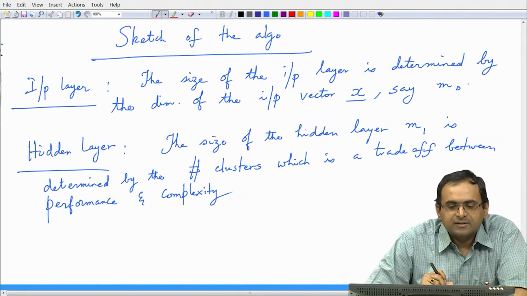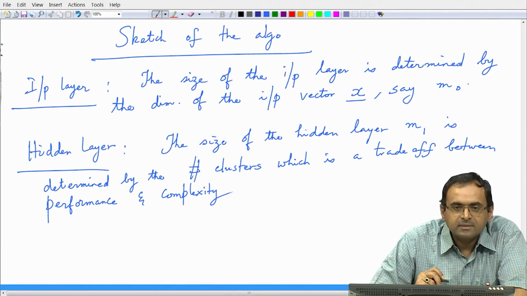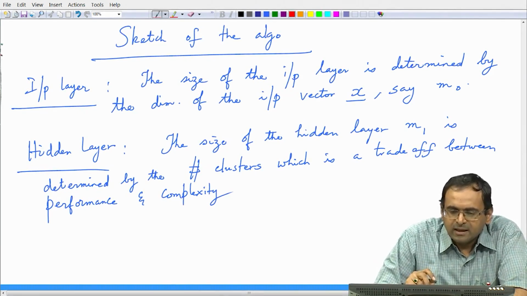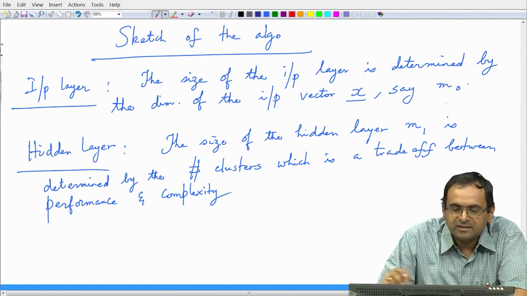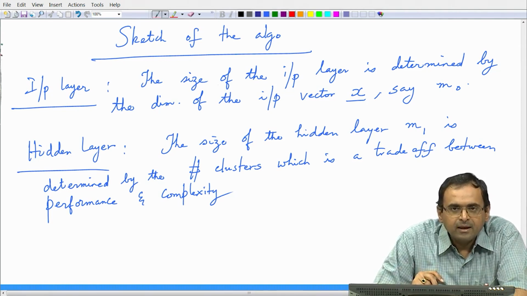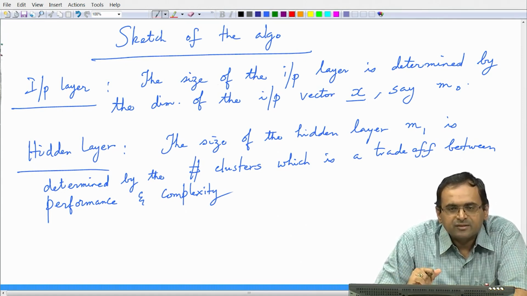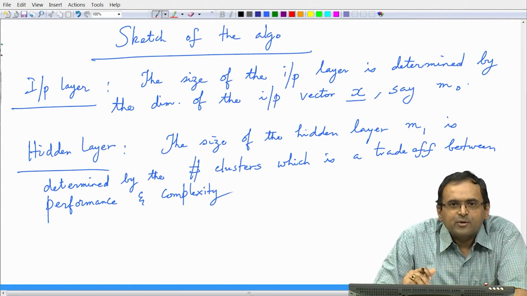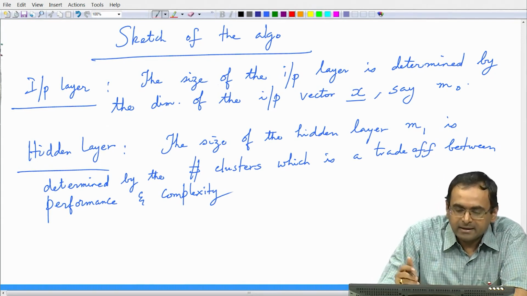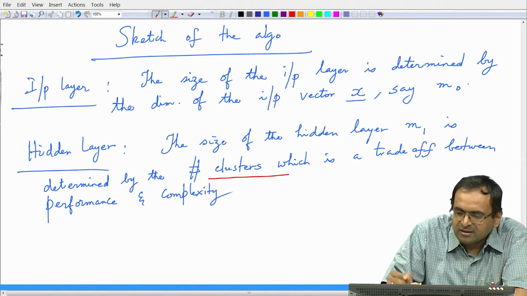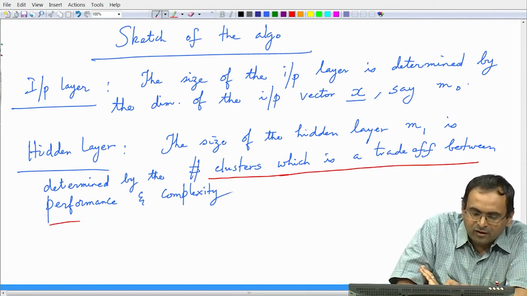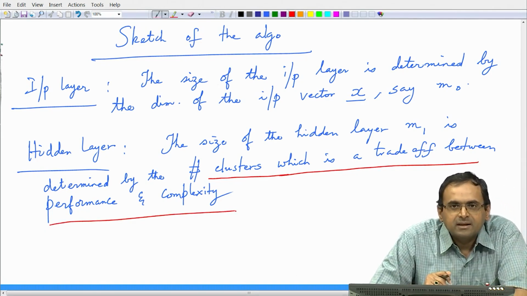Now, here is a sketch of this hybrid learning algorithm. The input layer has inputs of dimension m naught. The size of the input layer is determined by the dimension of the input, and the hidden layer comprises a number of Gaussian units, or these radial basis function computational units, and the number of units is determined by some clusters, which is a trade off between the performance and complexity.